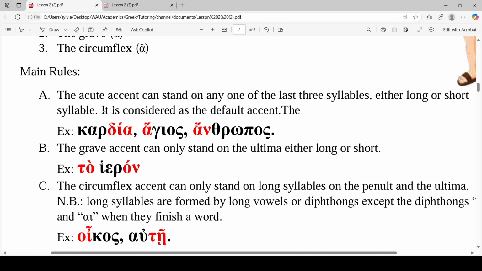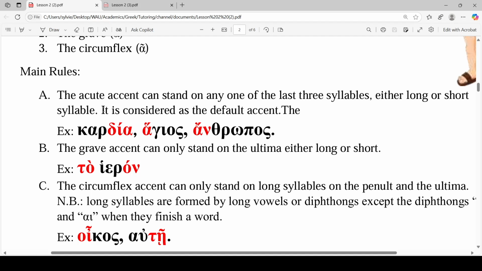Only the last 3 syllables of a word can be accented, and these 3 last syllables have a special name. The last one of them is called ultima. The next to the last is called penult, and the next to the penult is called the antepenult.